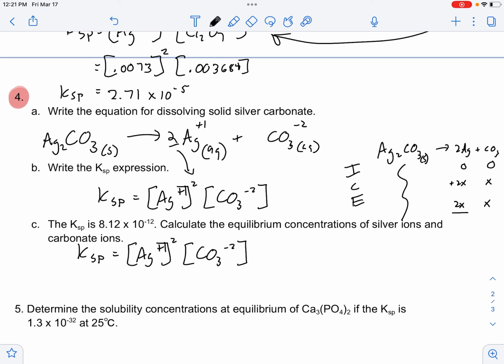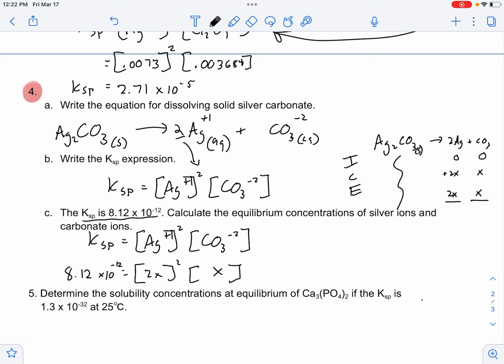For silver, I'm plugging in 2x, so it's really 2x squared. For carbonate, I'm plugging in x. And then the Ksp value is given right here. It's 8.12 times 10 to the negative 12.